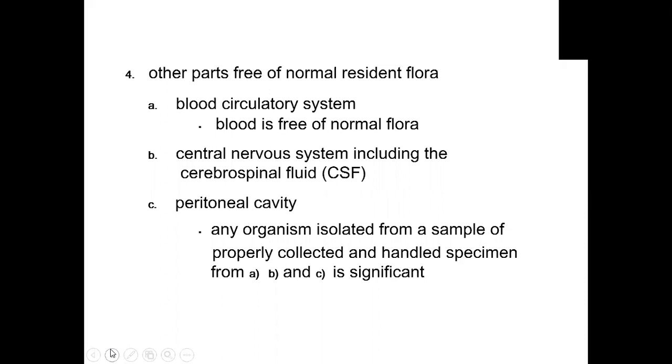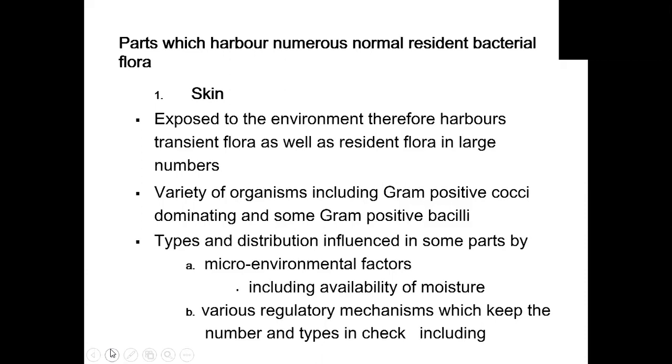So with that, we go to some parts which are well known to harbor normal flora in large numbers. The skin. This is the external part exposed to the environment, and it is supposed to harbor quite a large number of organisms as resident flora.